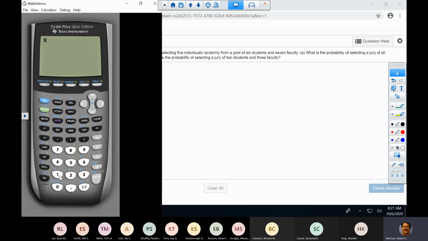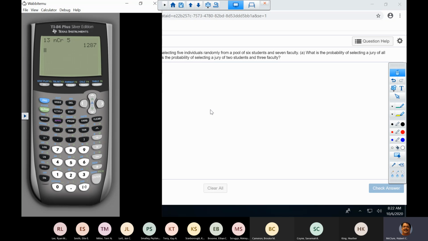As I showed y'all, do 13, and then go to math, probability, and combination of 5. All right, now I need you to write that down because that's your denominator. So from here on out, whatever you calculate, you're going to calculate with that denominator because that's the total.